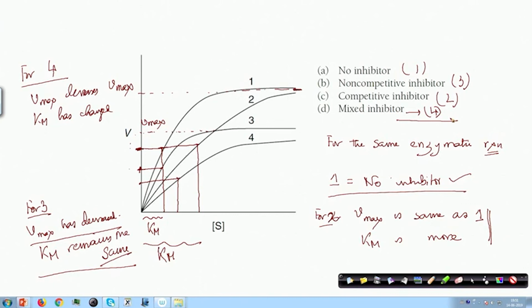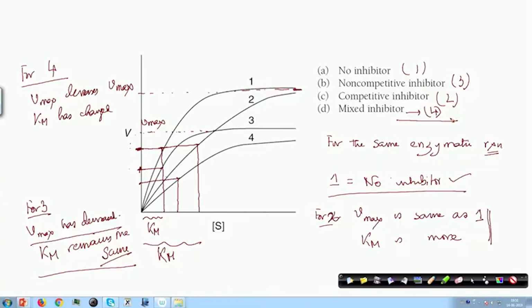Okay. So, if you practice these things more and more, you will be more comfortable with all these parameters and how to calculate them. If you enter into any enzymology lab, then in mechanistic enzymology you need to know whether an inhibitor is a competitive inhibitor, non-competitive, or mixed.